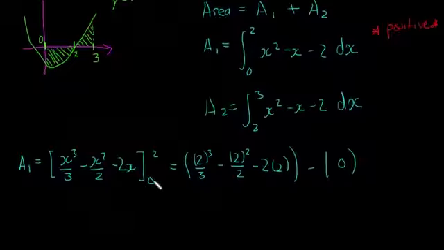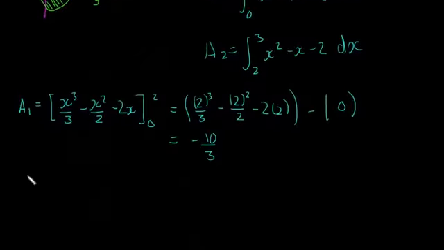So if you see 0 there, and if it's just x squared, x, they're all going to go to 0, so you don't have to calculate that. So this here then is just going to be minus 10 over 3. Okay, so that's area 1, and again we're going to take the positive of that, so we'll come back to that later.